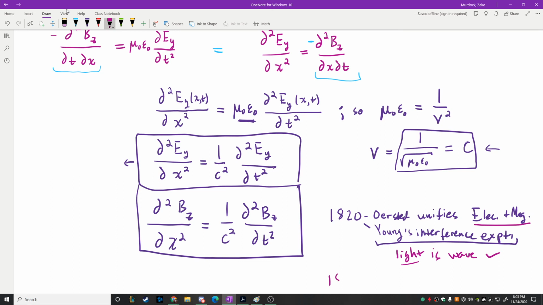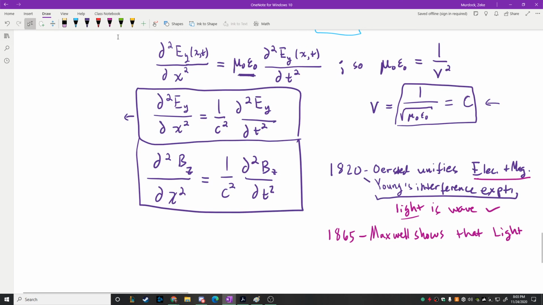And then 45-ish years later, in 1865, it's the 1860s, I don't know if the date's right, Maxwell did what we just saw. Maxwell basically shows that light's an electromagnetic wave. Very similar to what we just did here, although he did it with vector calculus.